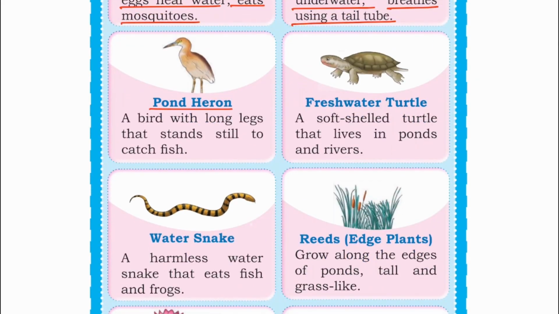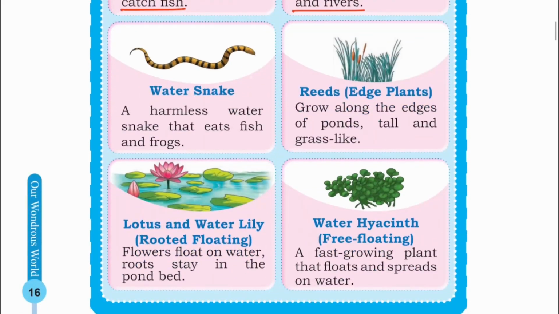Pond heron, a bird with long legs that stands still to catch fish. Freshwater turtle, a soft-shelled turtle that lives in ponds and rivers. Water snake, a harmless water snake that eats fish and frogs.